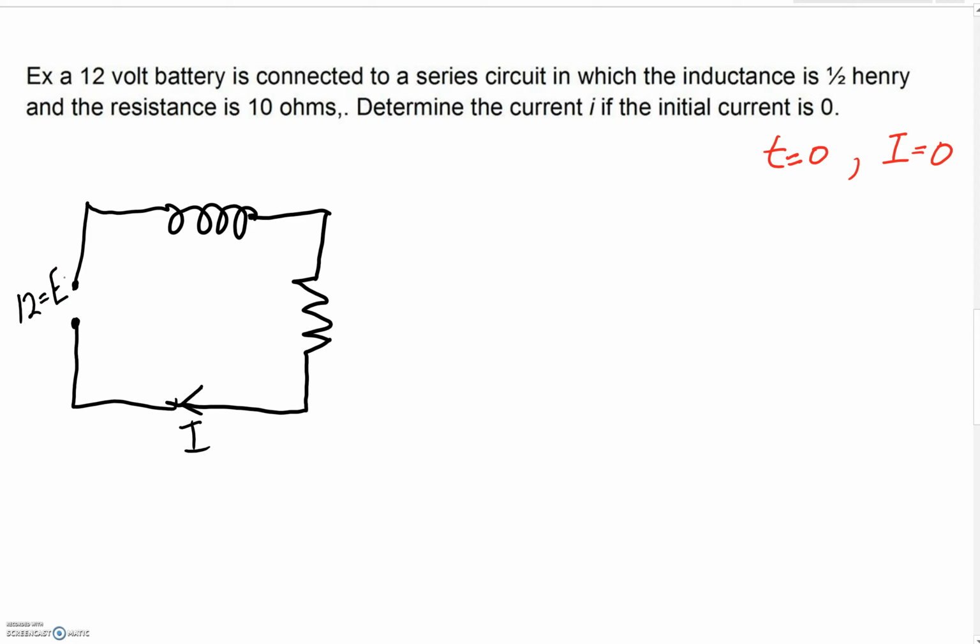That's going to be our E. And it's connected to this series circuit. The inductance is 1/2 of a Henry. That's going to be, of course, a constant. L is equal to 1/2. A resistance is equal to 10 ohms. So we can write 10 here. By the way, the ohm looks something like so usually.